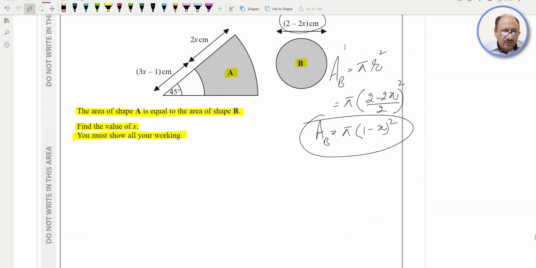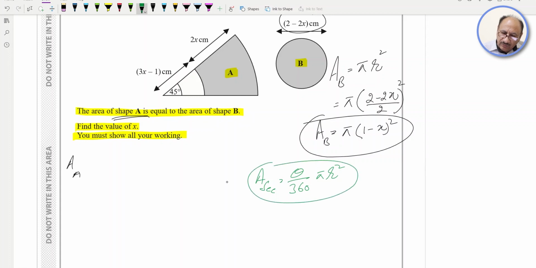Now for area of A, shape A is a sector, so the sector formula we can apply. Area of sector formula is what? Theta over 360 into pi r squared.